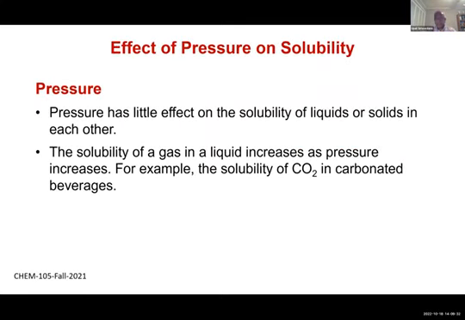So we have gone through a basic introduction to homogeneous mixtures. Now we are going to explain how we define relative amounts.